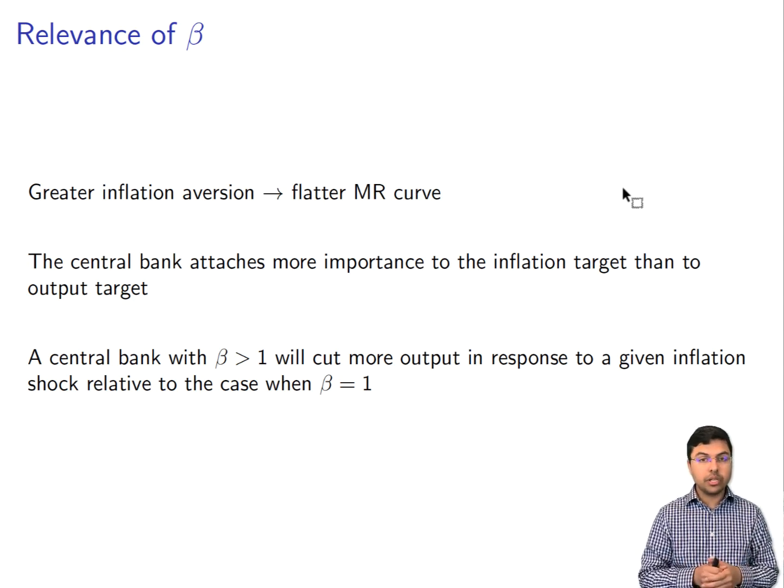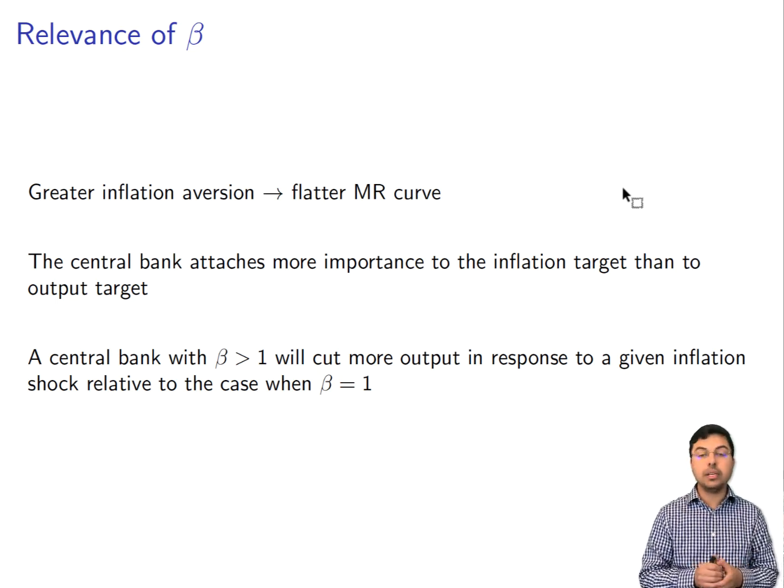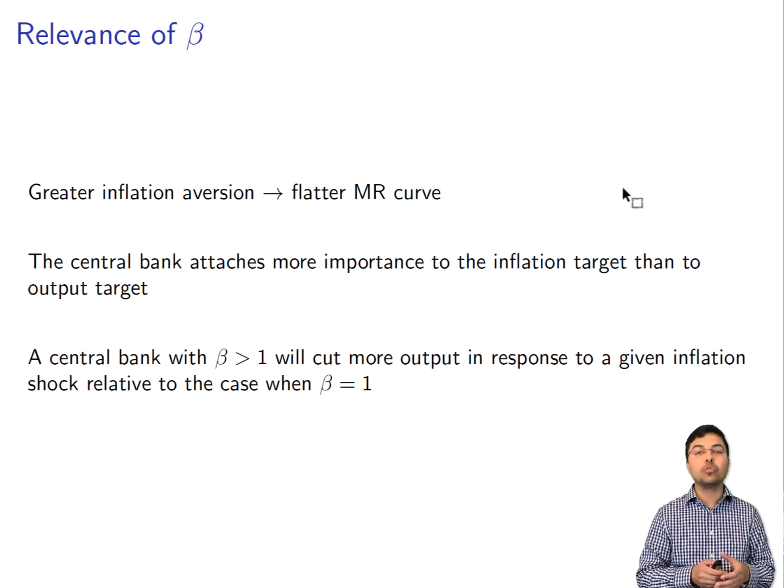In other words, a central bank with beta greater than 1 will cut more output in response to a given inflation shock relative to the case when beta is equal to 1. On the other hand, a central bank with beta less than 1 will cut less output in response to a given inflation shock relative to the case when beta is equal to 1.